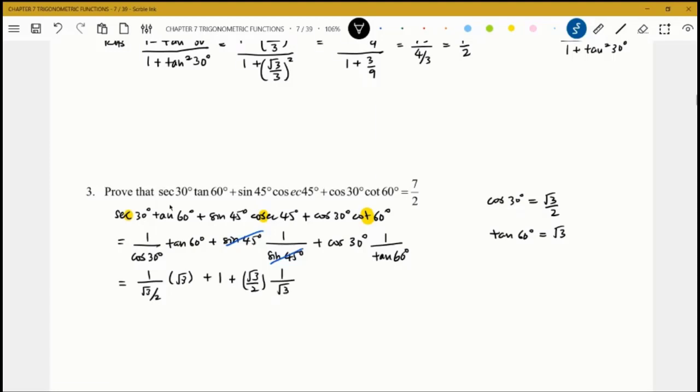Ada mana-mana yang boleh cancel? Square root 3, kita boleh cancel. Yang ini dan ini dan ini. So end up we gonna have 2 here plus 1 plus half.